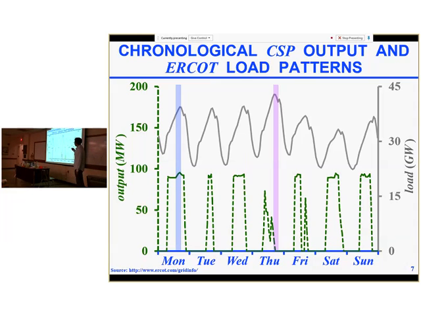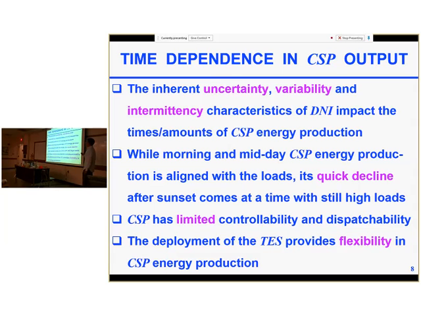So the weakly correlated behavior has a huge impact on the impacts of the CSP resource on the power system. The uncertain, variable and intermittent DNI has a huge impact on the times and amount of the CSP energy production.